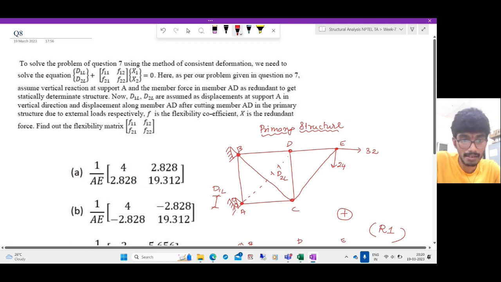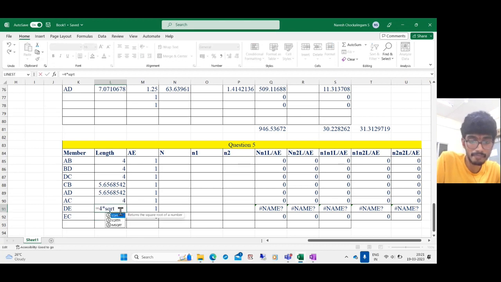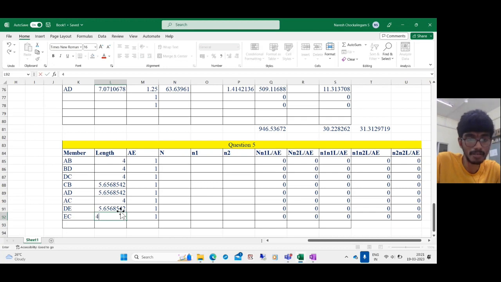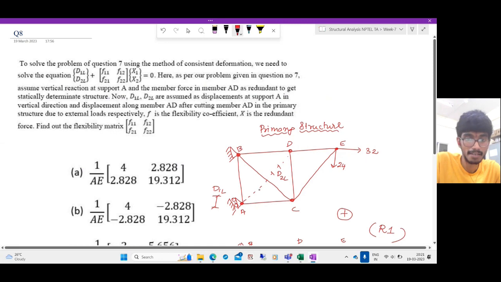And then we have DE. AC is 4 meters. DE and EC. DE is 4√2.